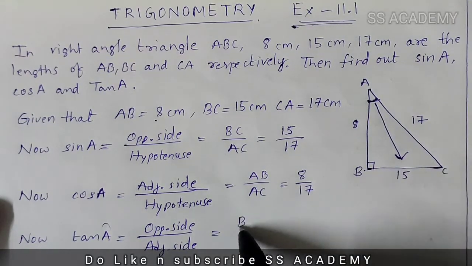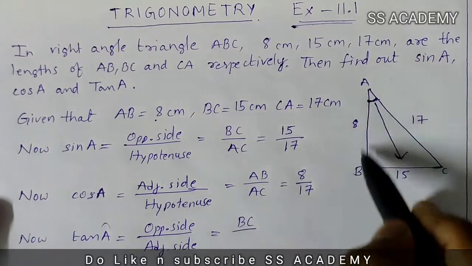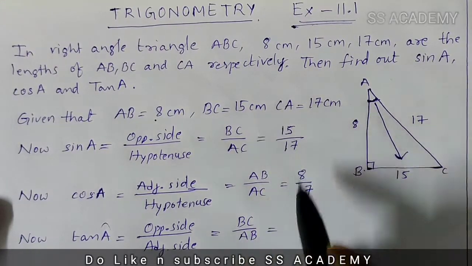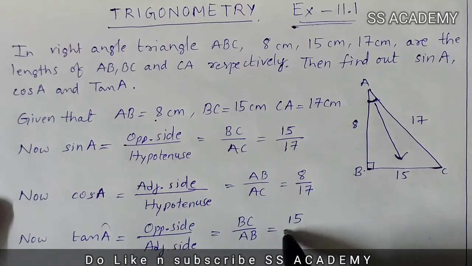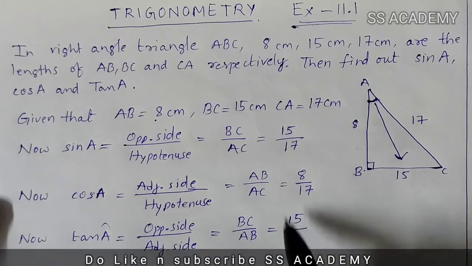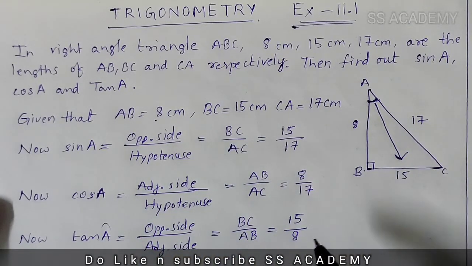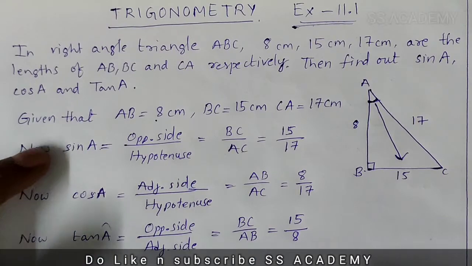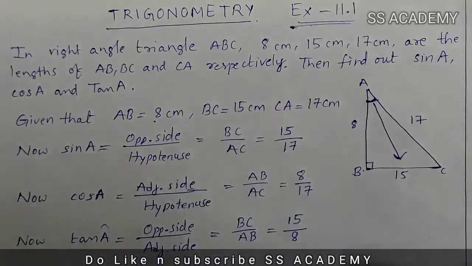So write BC upon adjacent side, which is AB. BC is 15 and AB is 8. So 15 by 8 is the answer. In this way we find out cos A, sine A and tan A.